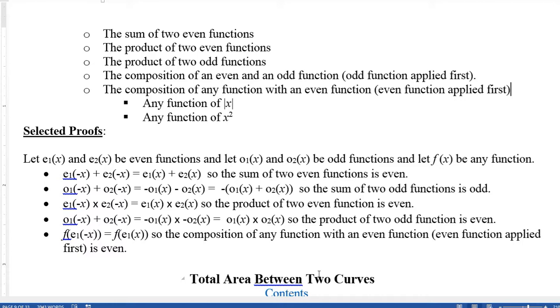If you take the product of two evens, it's even. So E1 of minus x times E2 of minus x is E1 of x times E2 of x, so that's going to be even.